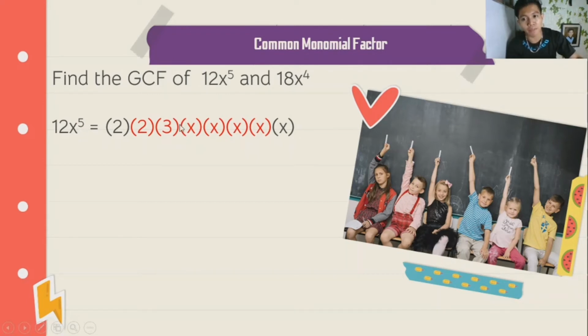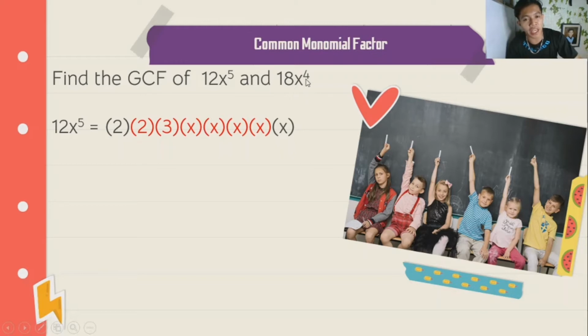X raised to 5 means x times x times x times x times x. Ang daming x, sana all, di ba? Ayun, so 5 x siya. Okay, so check lang natin. 2 times 2, 4 times 3, 12. And then, 5x, that is x raised to 5. Okay? So, ganun lang siya kasimple.